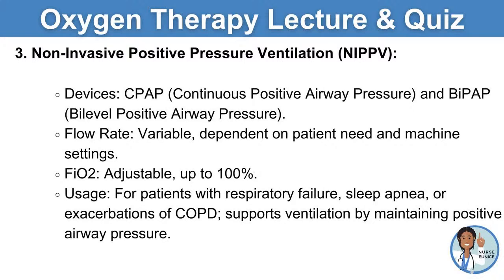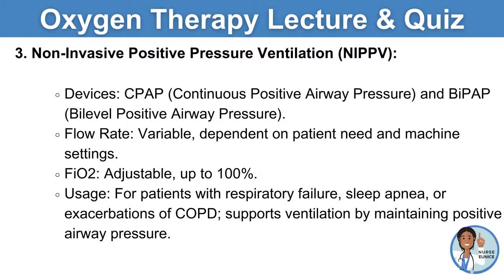The flow rate with the BiPAP could be variable, and also with the CPAP. It's going to be based on the patient's needs. And of course, the pulmonologist, the doctor who specializes in respiratory conditions, will order the settings and the machine will be set. As long as the patient wears it, they're going to receive whatever the doctor has ordered.